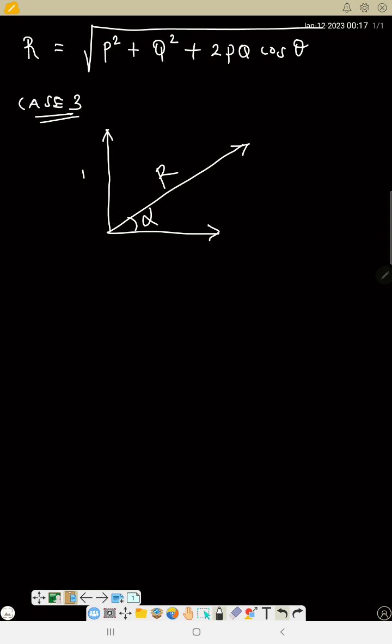So if this is vector P and this is vector Q, and they act at 90 degrees, it means the two vectors are perpendicular.